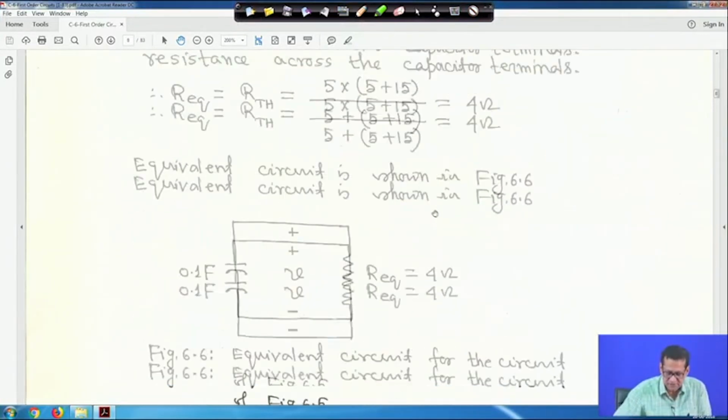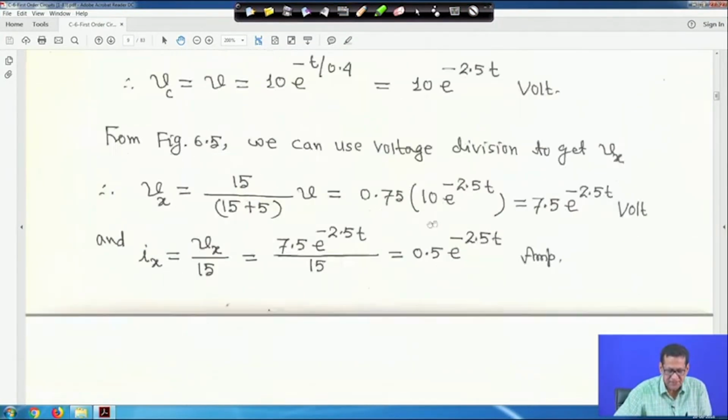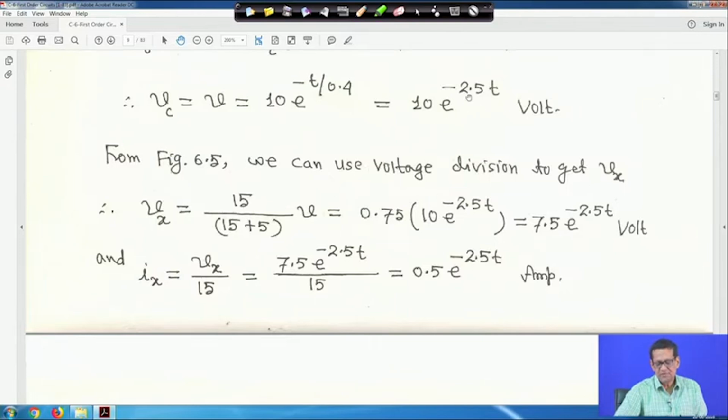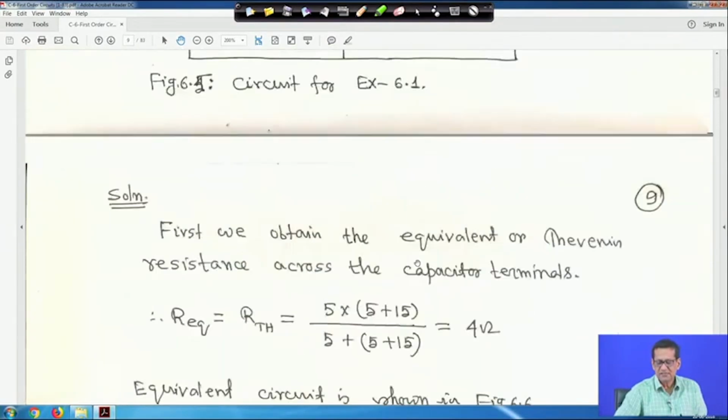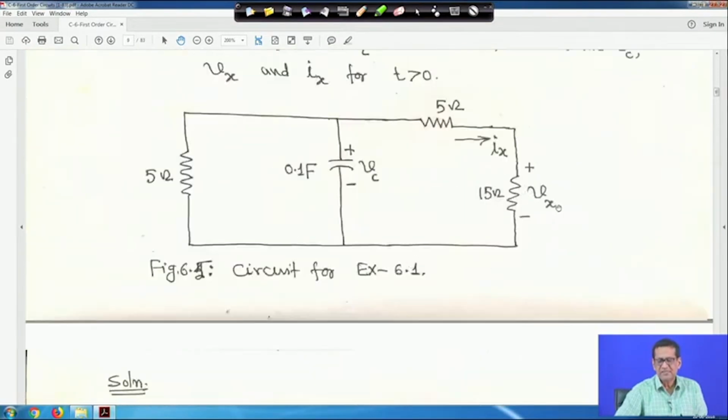So, this is what we have done here. Vx is equal to 15 upon 15 plus 5, and we have got V is equal to Vc, 10 e to the power minus 2.5 t. So, it is 0.75 into 10 e to the power minus 2.5 t. So, it is 7.5 e to the power minus 2.5 t volt, right, and Ix is equal to Vx upon 15, because across the 15 ohm resistance the voltage is Vx.